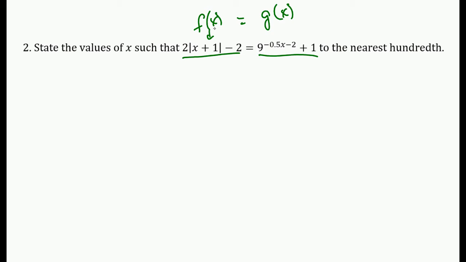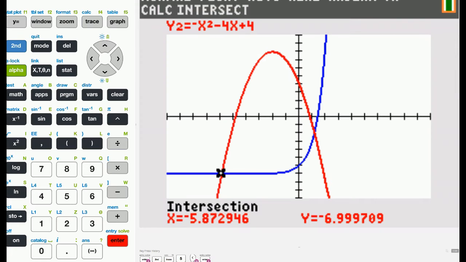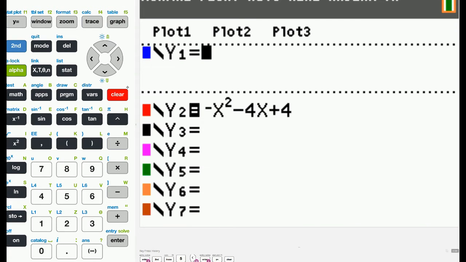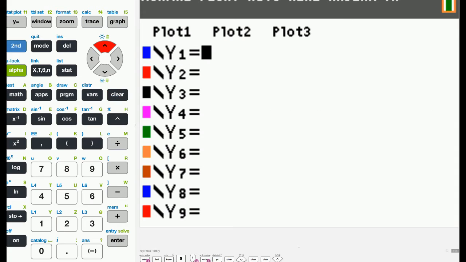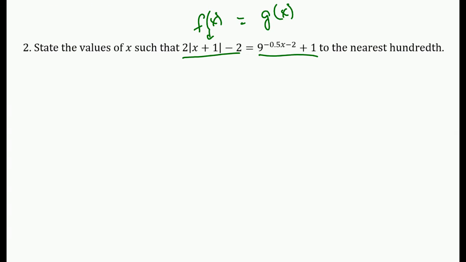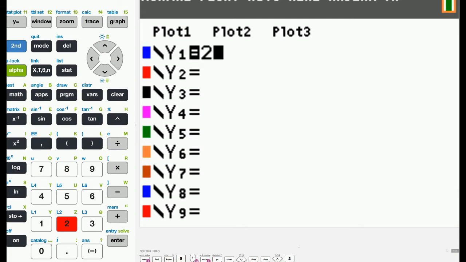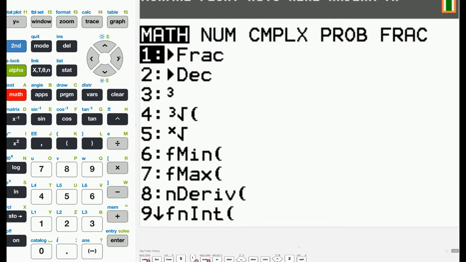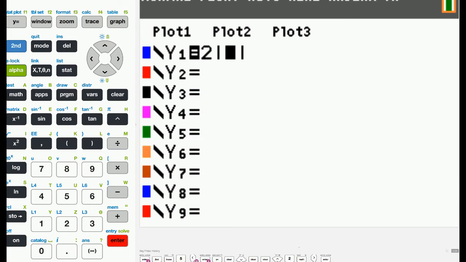Let's plug f of x, the first function, into y1, and g of x, our second function, into y2. So clear those out. The first function I have here is 2 absolute value of x plus 1 minus 2.